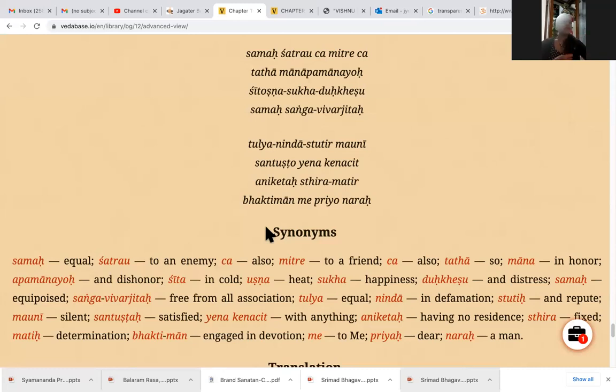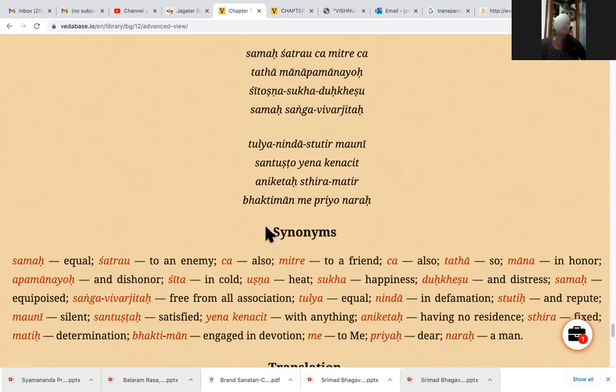The next line, aniketa sthiramatir. Aniketa means having no fixed residence, not being attached to where you are or where you reside, not caring too much for physical living comforts.